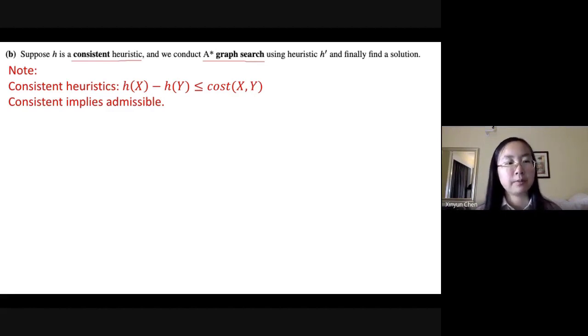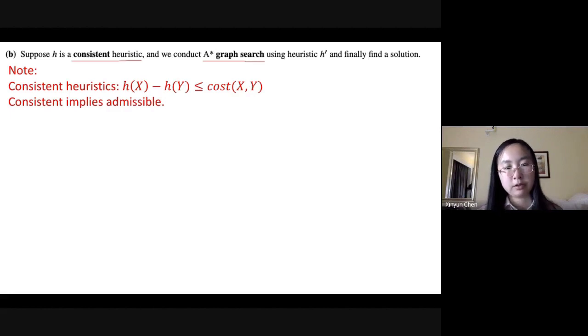Then by the definition, a consistent heuristic implies admissible, which means that only admissible heuristics could be consistent. If a heuristic is already not admissible, then it cannot be consistent.